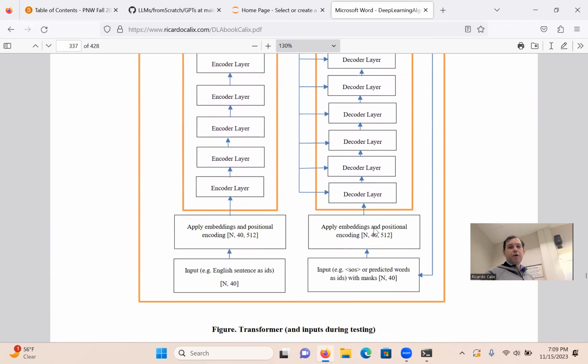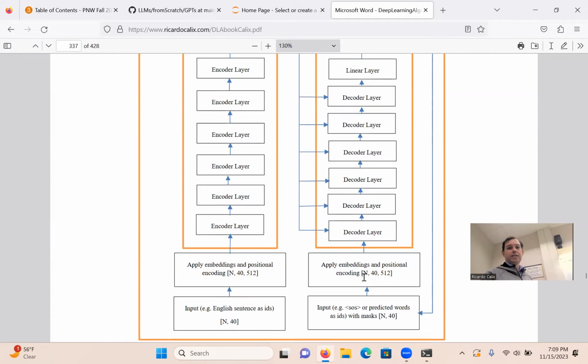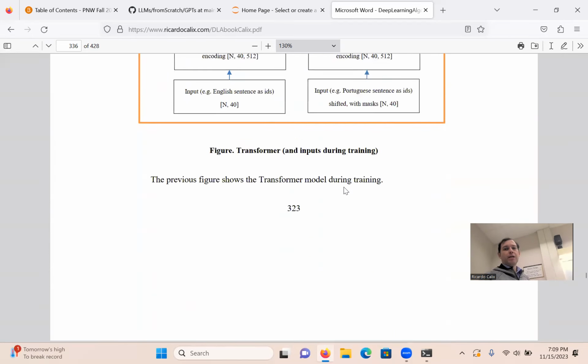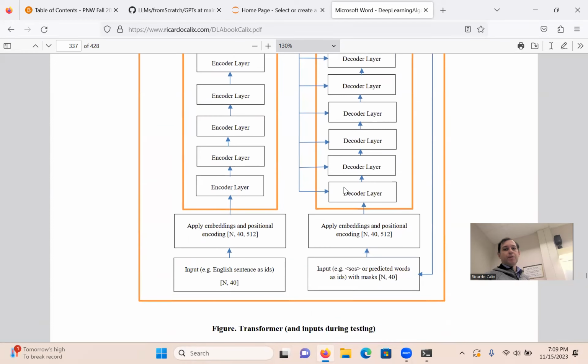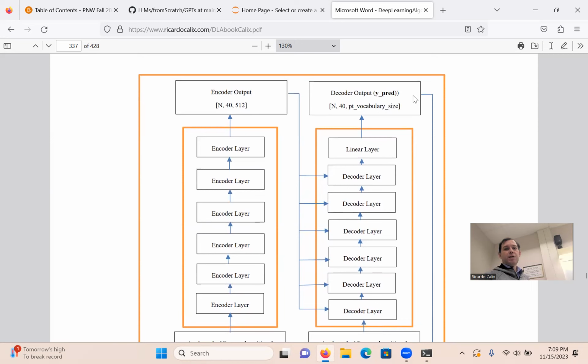If you notice, I separated this as transformer and inputs during testing and transformer and inputs during training, because there's basically a difference in how the architectures work. Notice that the difference is in the testing, it's this arrow.